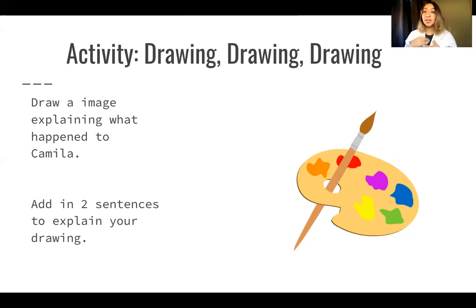So this is an example. If I think that Camila got sick because she ate Skittles, then I'm going to draw a picture of Camila with Skittles, and then I'm going to write 2 sentences explaining that. I'm going to say, I think Camila got sick, or changed, because she ate too many Skittles.